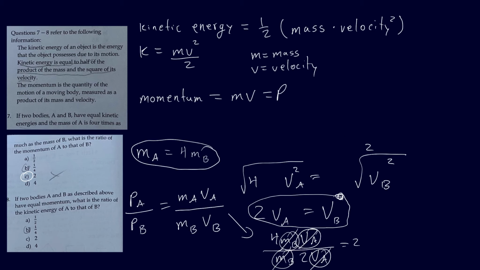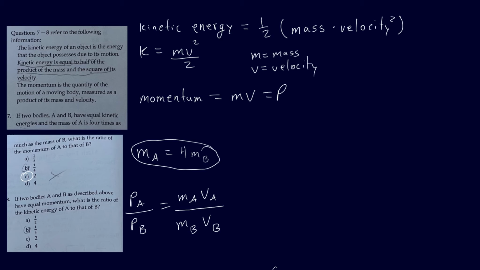So that can be gotten rid of, and this information over here as well. So the only thing that we're keeping from the first question is the fact that the mass of A is 4 times as much as the mass of object B.